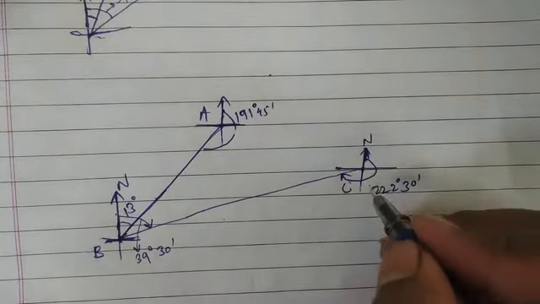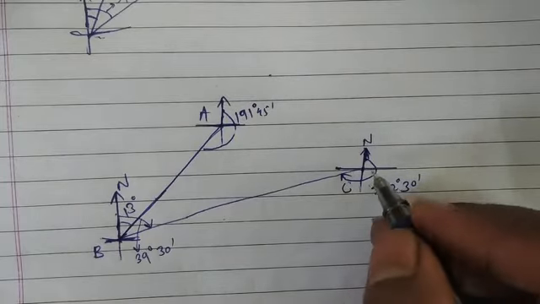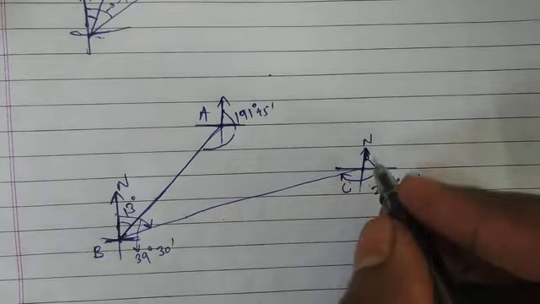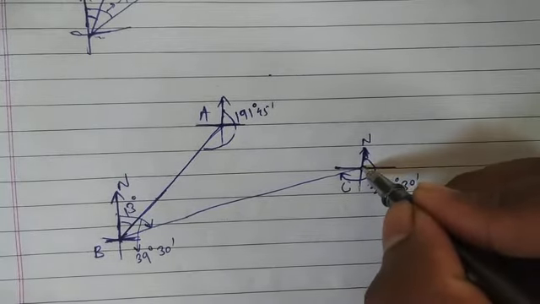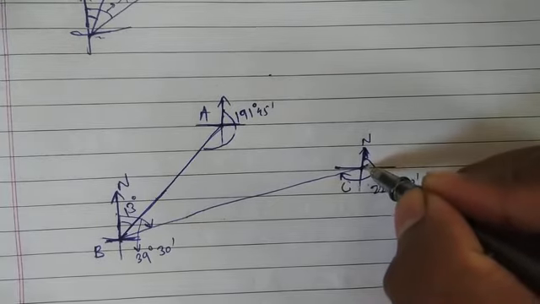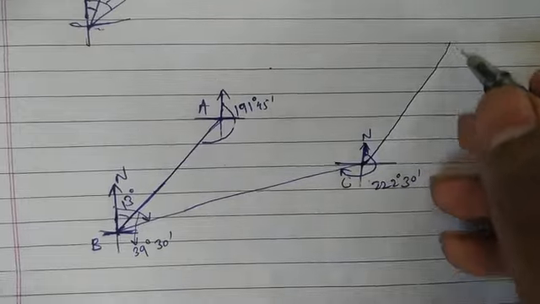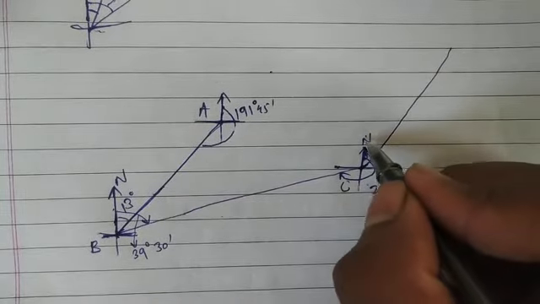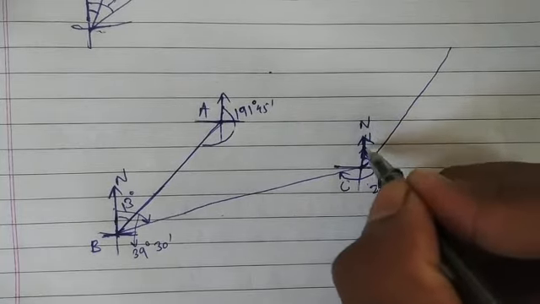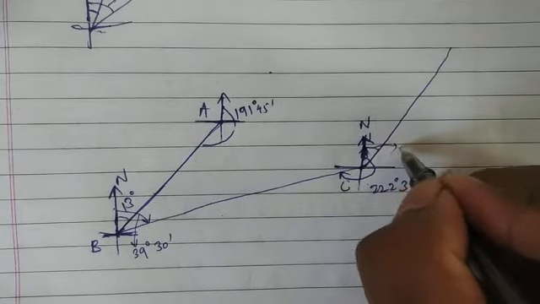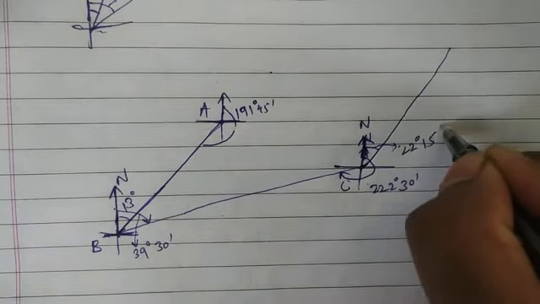Then for the next line, that is line CD, the fore bearing is 22 degree 15 minutes. So 22 degree 15 minutes will be in the first quadrant. I'll draw it here like this. This bearing is 22 degree 15 minutes.